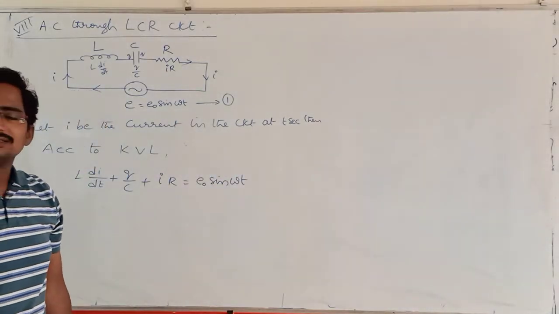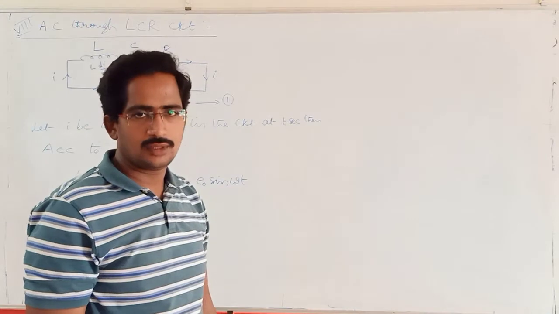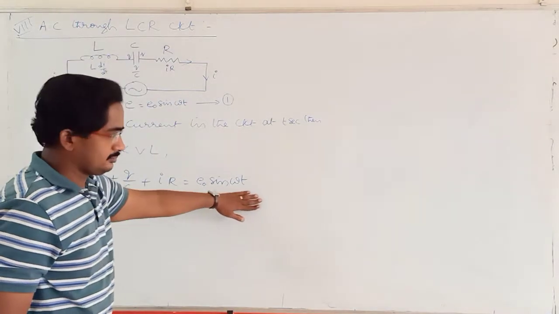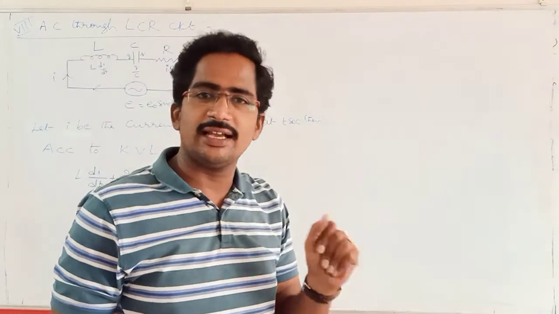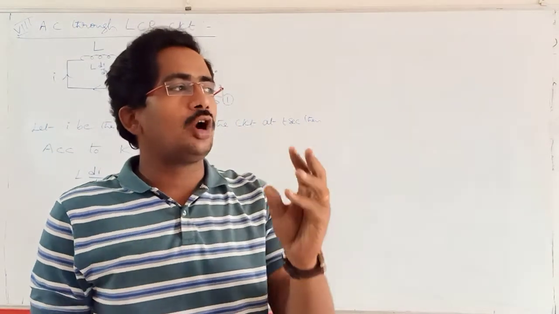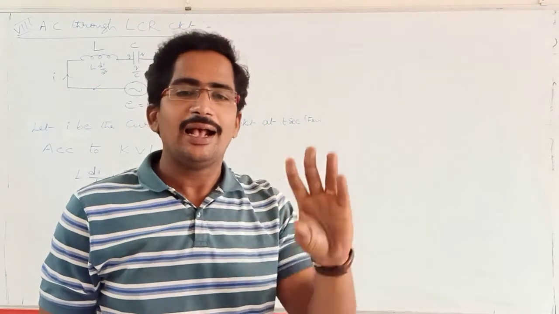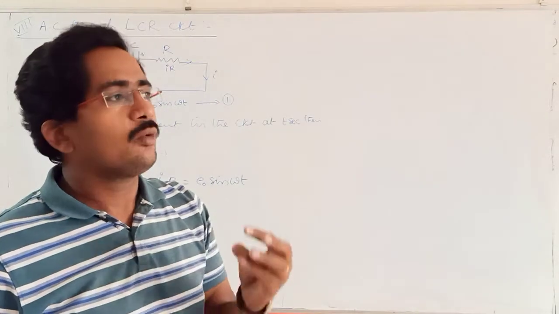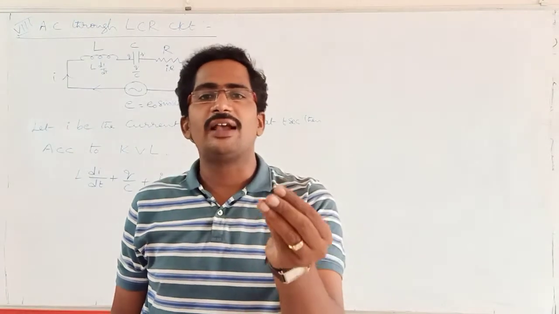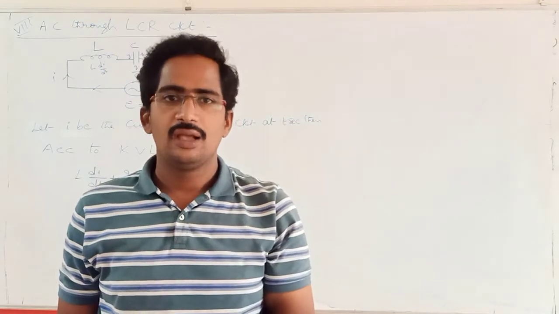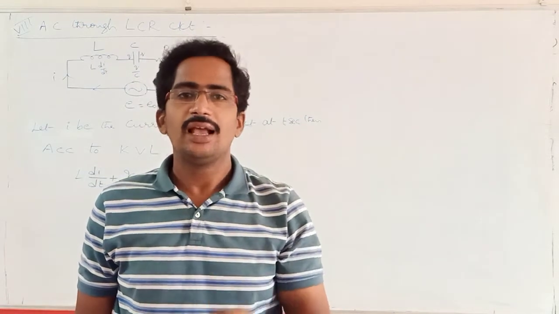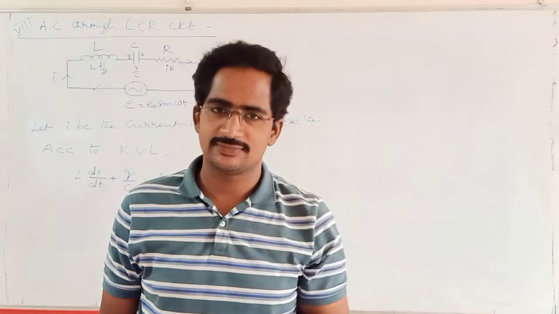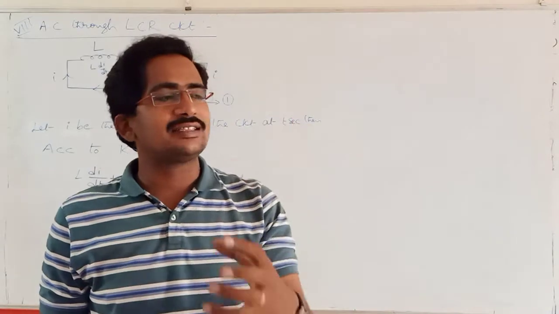Now, if we solve that equation, we get three equations for current, as in the earlier case of series LC circuits: for the cases XL greater than XC, XL less than XC, XL equal to XC. Totally there are three possible cases. Now we are going to discuss those one by one.